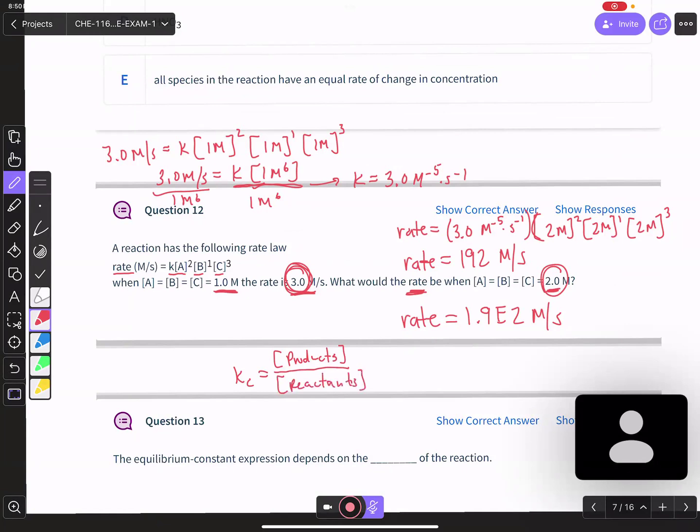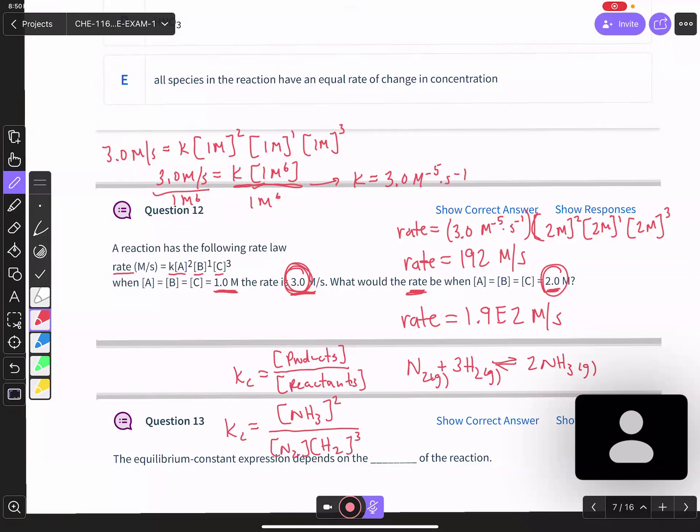And if we had a reaction, nitrogen plus hydrogen going to ammonia, and that's a gas, and that's a gas, and that's a gas, our equilibrium constant expression would be the concentration of ammonia squared divided by the concentration of nitrogen times the concentration of hydrogen cubed.